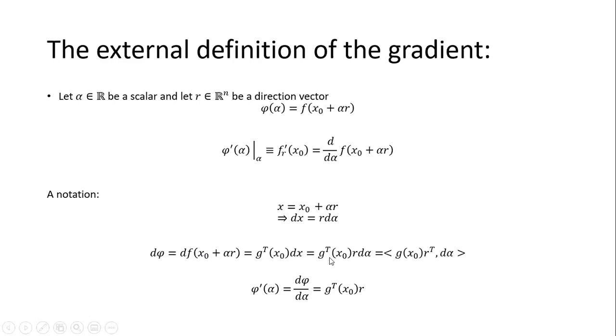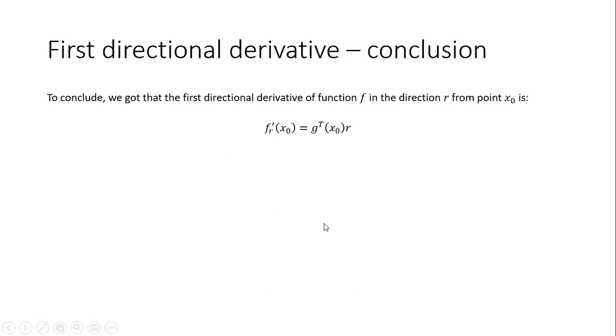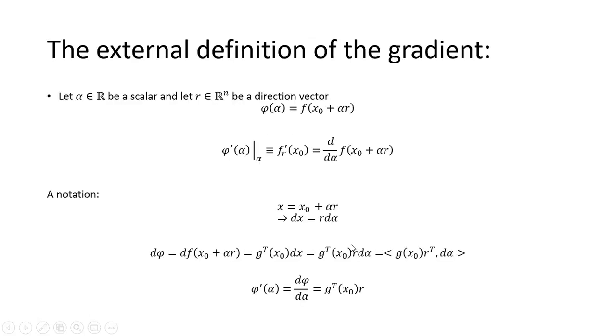So it equals g transpose of x0 multiplied by r d alpha, because the differential of x equals r multiplied by the differential of alpha. And that expression can be written as the inner product of g of x0 and r, transpose, multiplied by the differential of alpha.